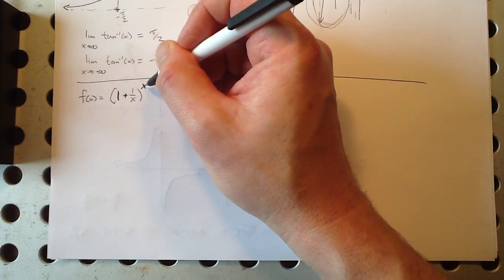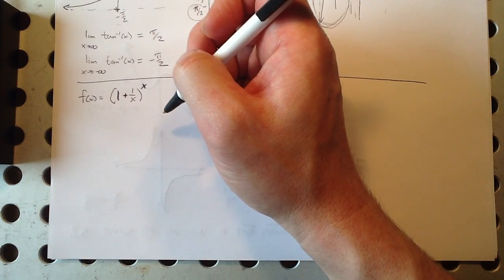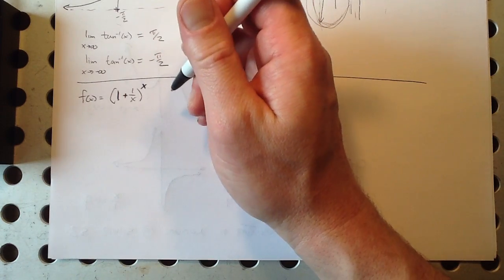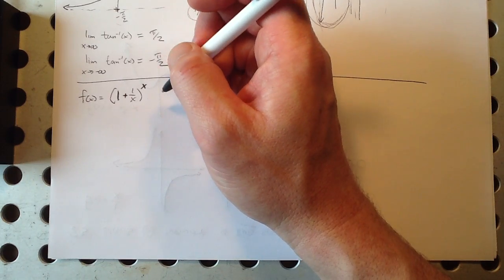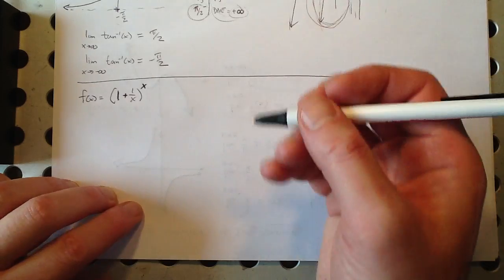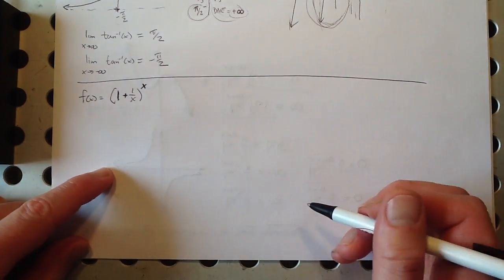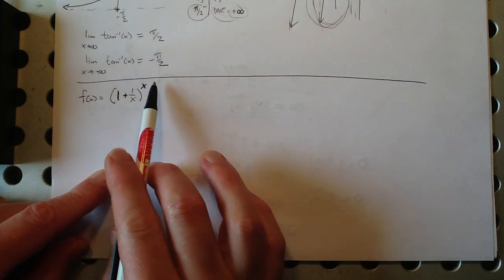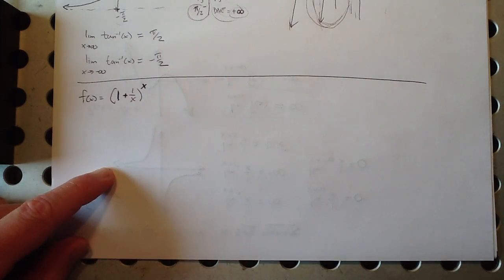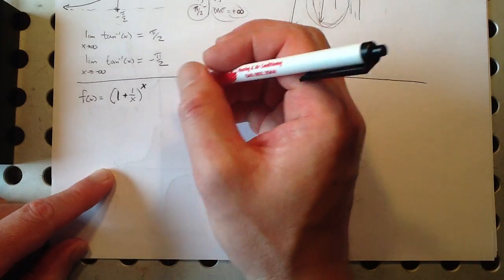You talked about that when you worked last year with formulas for compound interest and then eventually interest compounded continuously. And you can graph that on your calculator if you want. That's a little bit harder to graph by hand, and I wouldn't necessarily expect you to be familiar with what that graph looks like. But you should know this.